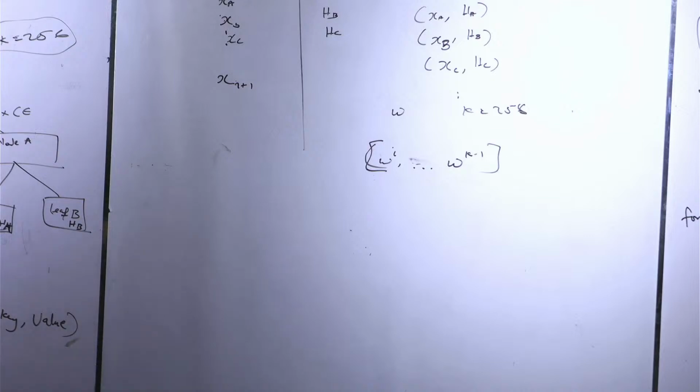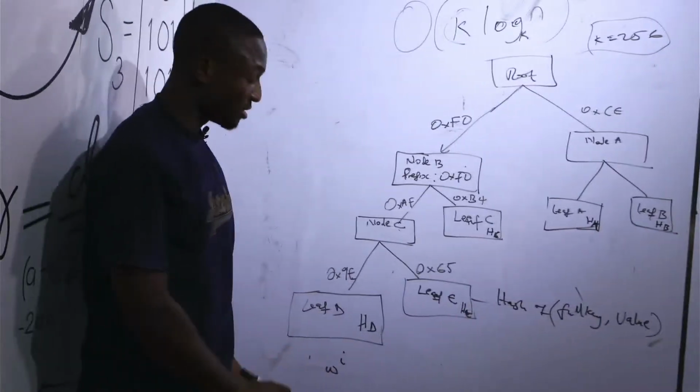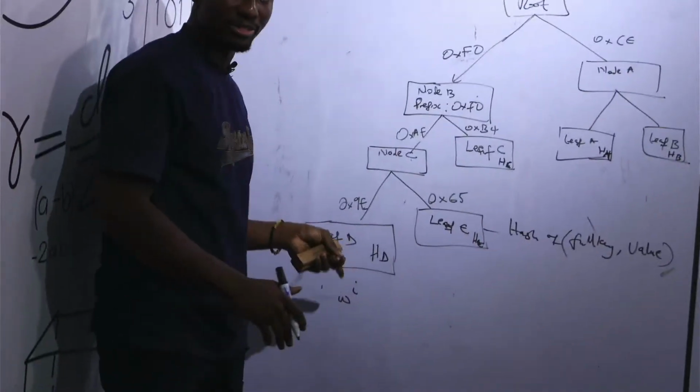So now, let's say we're using the roots of unity. For each node, we use a power of the root of unity as the x value for that particular leaf.